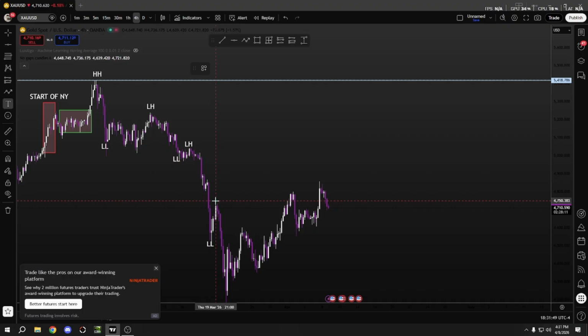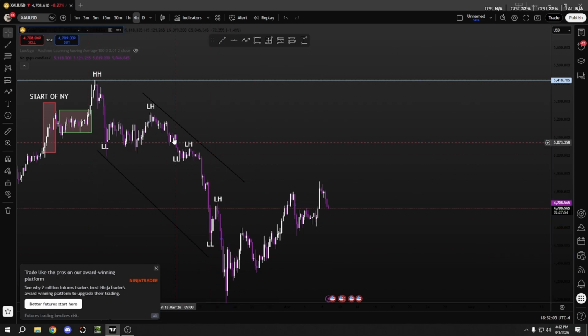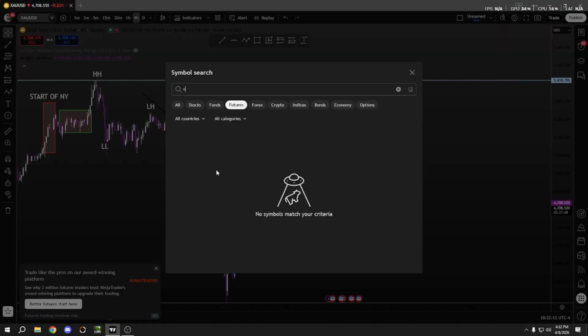Now we have again, lower high, because it's a staircase down. As you can see, looking at all of our previous information that we just put in, you can literally see a downwards staircase going down.